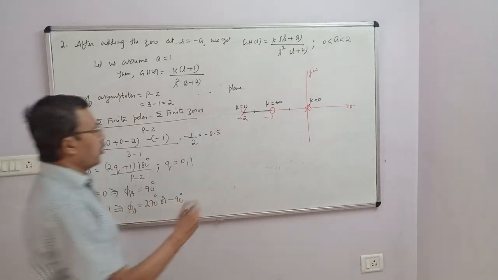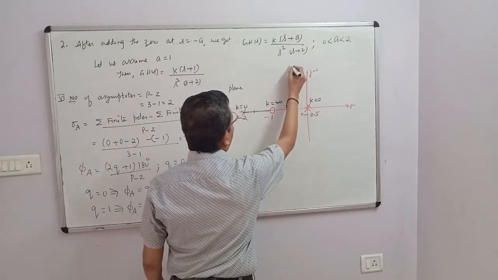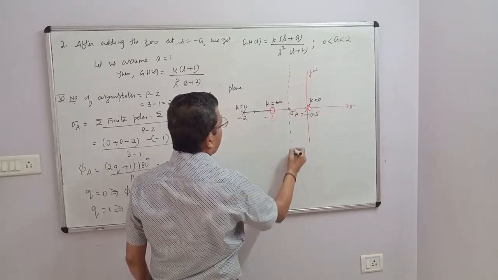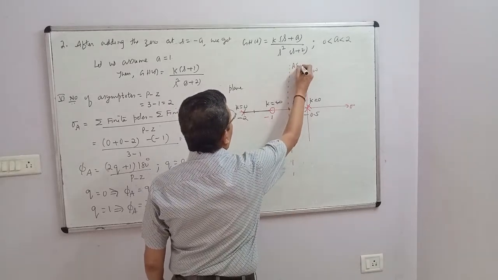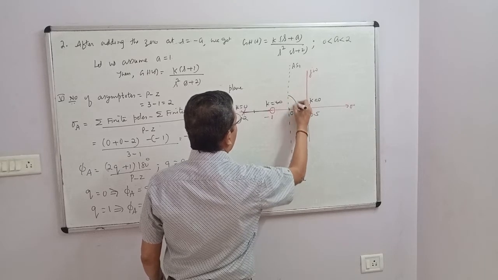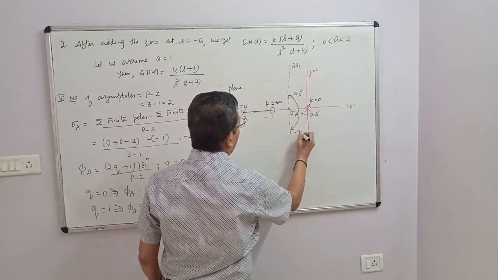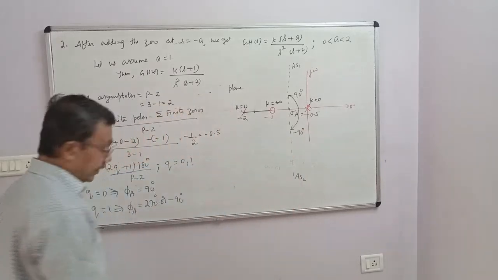So two asymptotes are drawn. This is sigma a is equal to minus 0.5. These are the two asymptotes. This is asymptote 1, this is asymptote 2. This asymptote makes an angle of 90 degrees. This asymptote makes an angle of minus 90 degrees.